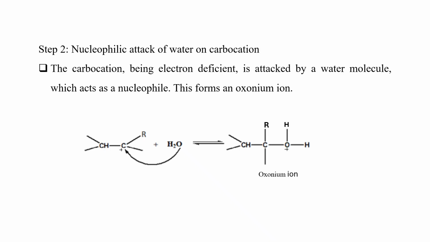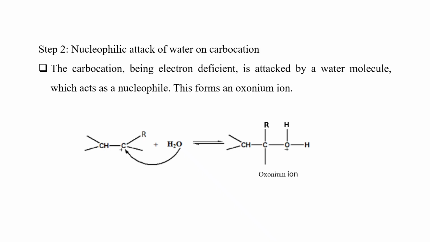Now take note of the arrow. The arrow moves from the water molecule to the most substituted carbon, right? To show that electrons are moving from the nucleophile, which is the water molecule, to the carbocation, which is the electrophile, the electron poor or the electron deficient species.